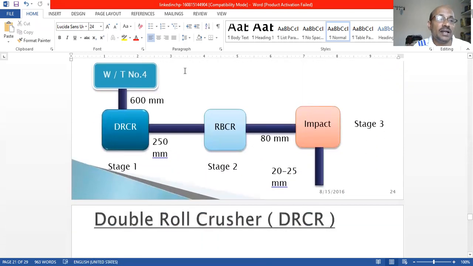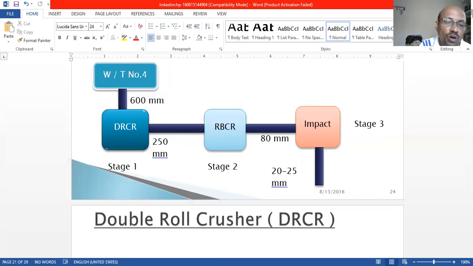See, 600 mm coal rock is divided into 250 mm at stage 1. The crushers are DRC, RBC and impact breaker crusher.